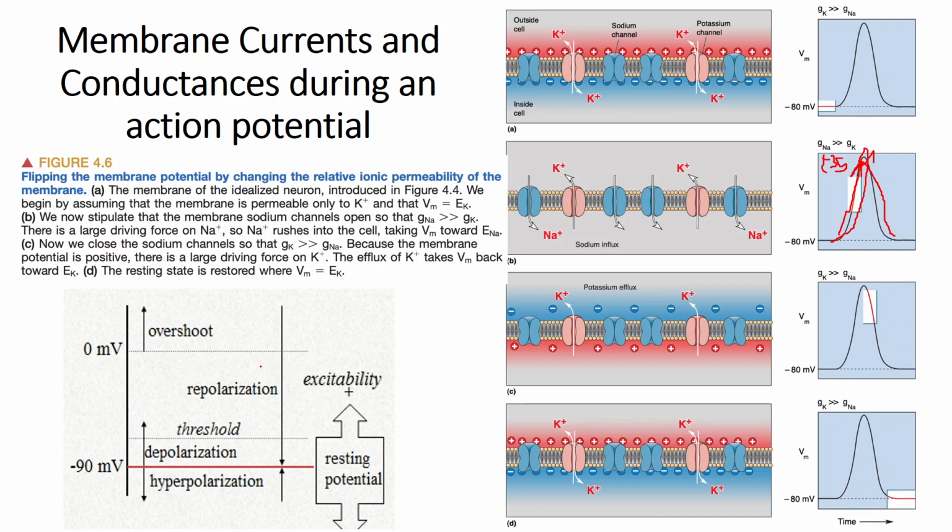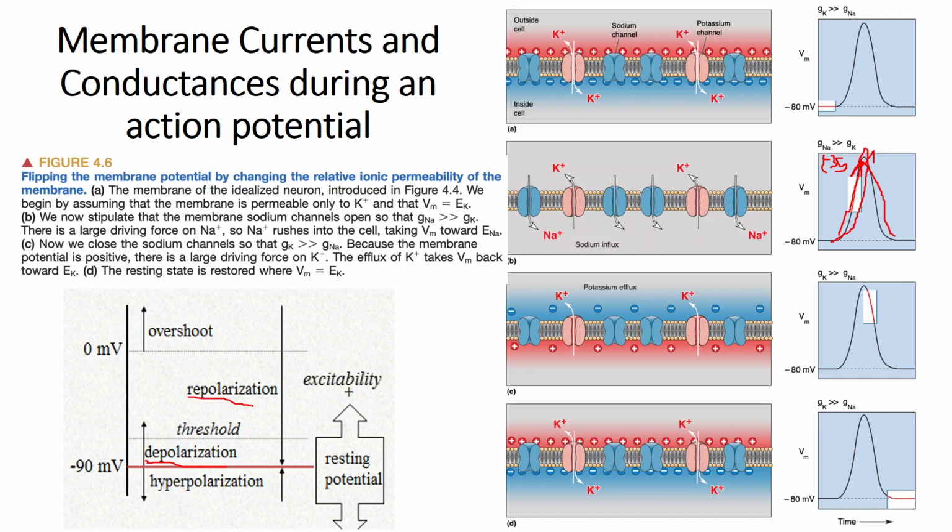So here we have a few terminologies that you need to learn about the action potential. Depolarization, as we said, is to make the membrane have a less negative membrane potential, right? Whereas hyperpolarization is to make the membrane have a more negative voltage, okay?